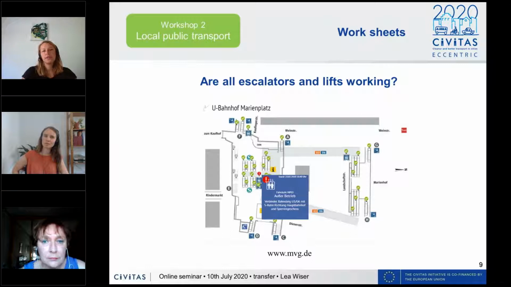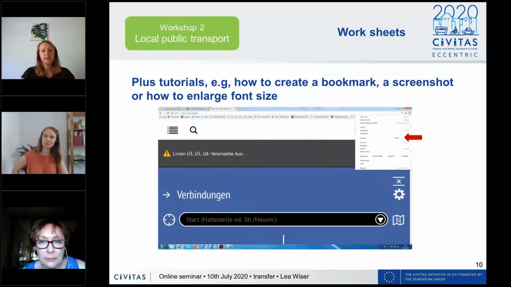You can see if all the escalators and lifts are working. And as I said before, we include some tutorials on basic functions. We also included some red arrows so that the participants know where to click.